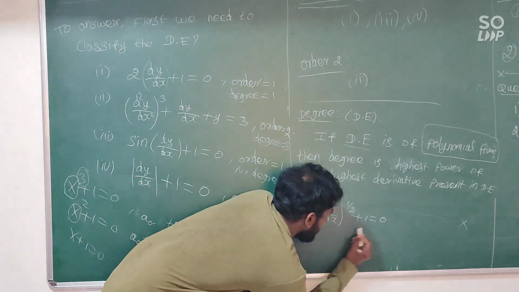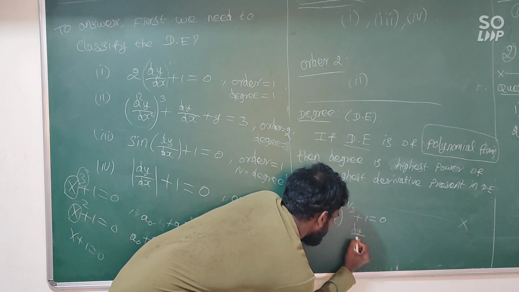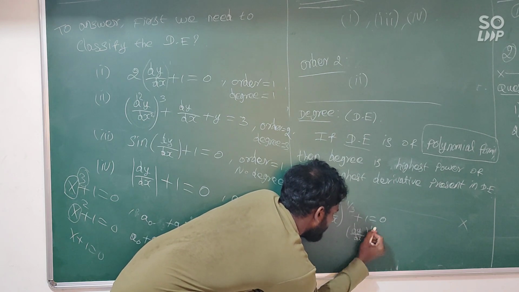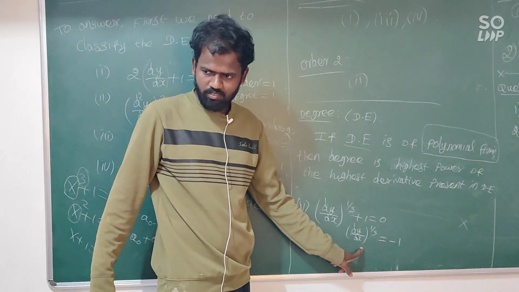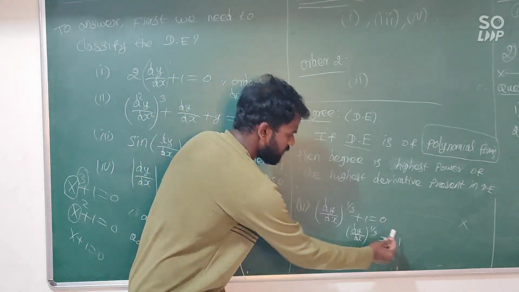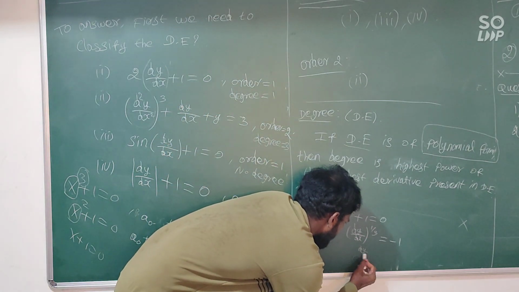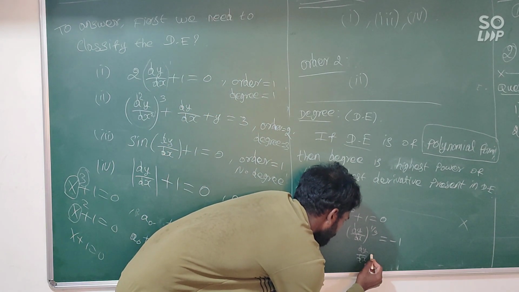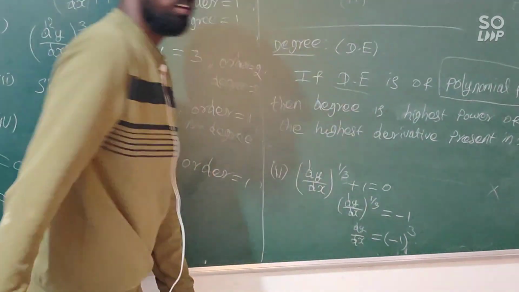Maybe I can rewrite this as (dy/dx) power 1/3 is equal to minus 1. This is same as this. Now on both sides I can take the cube. If I take the cube, what happens? dy/dx is equal to (minus 1) power cube, right?